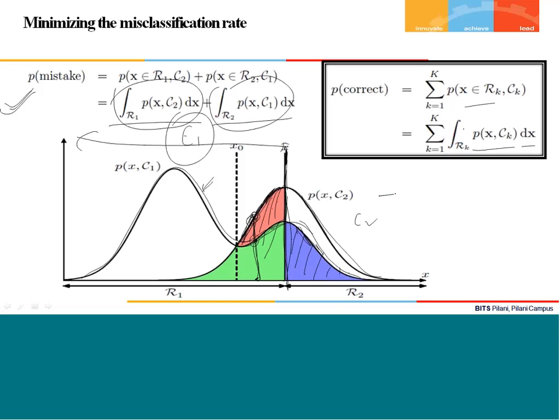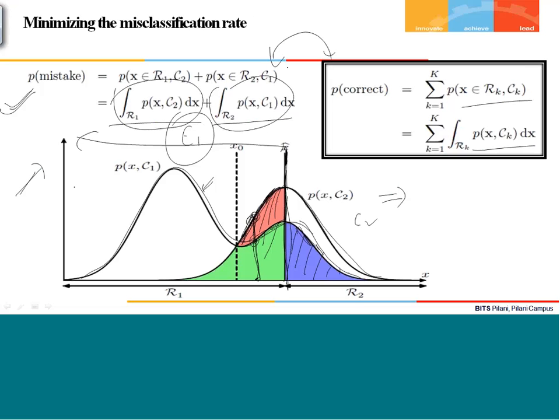So in the crux, I can always minimize my risk if I classify every time the point with the higher probability. These two problems are the same, but the perspective is different.